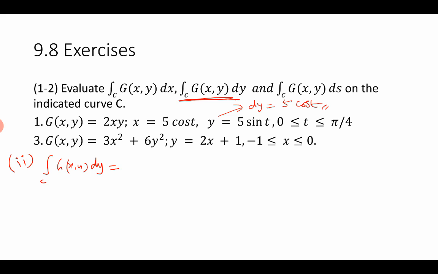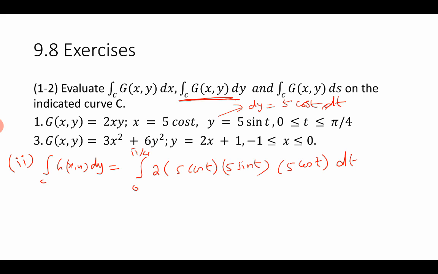Now substitute everything. Integral 0 to pi over 4, 2 times 5 cosine t, 5 sin t is y, and dy is 5 cosine t again, isn't it? So dt and finally dt. There is a dt here.